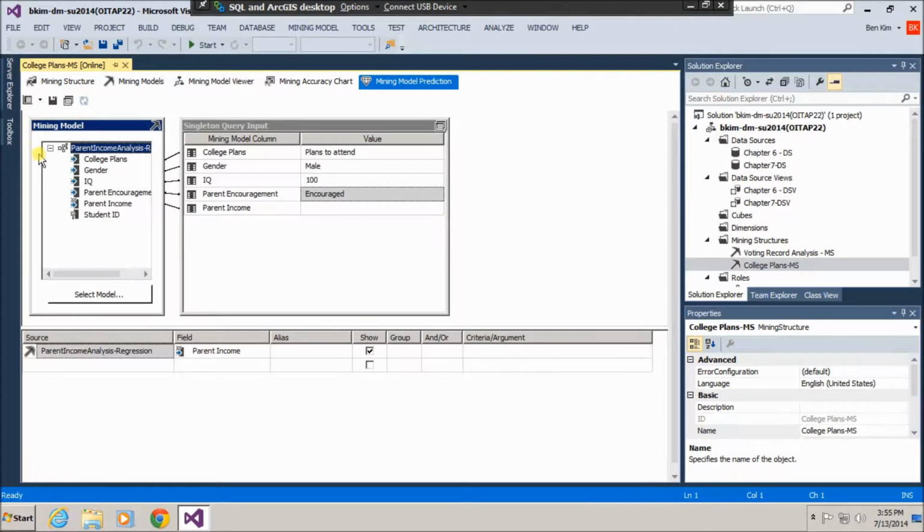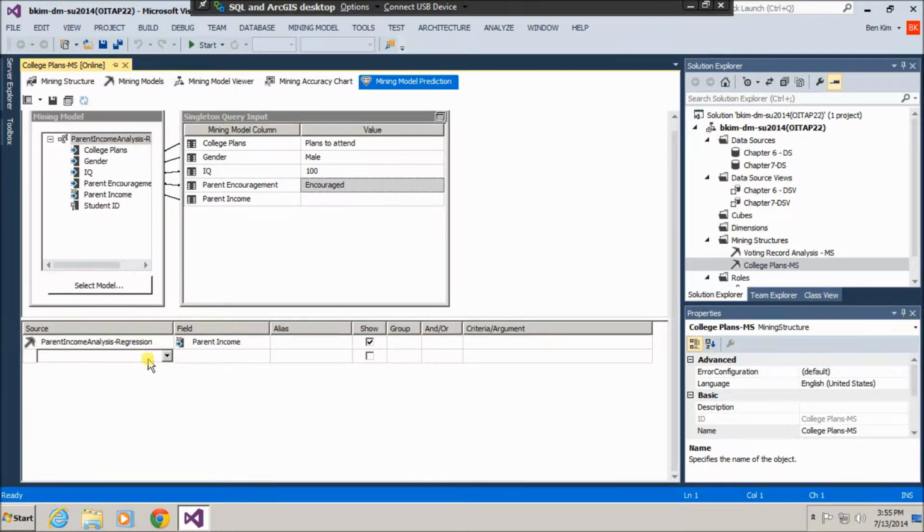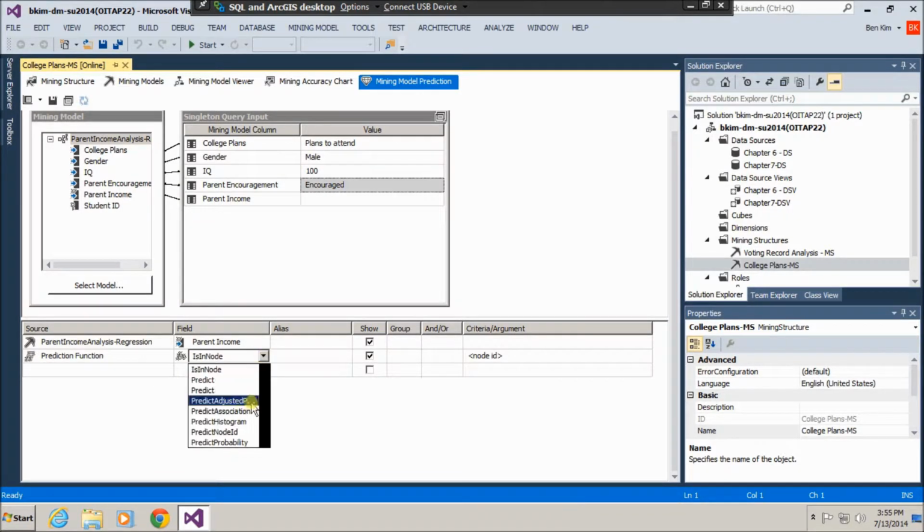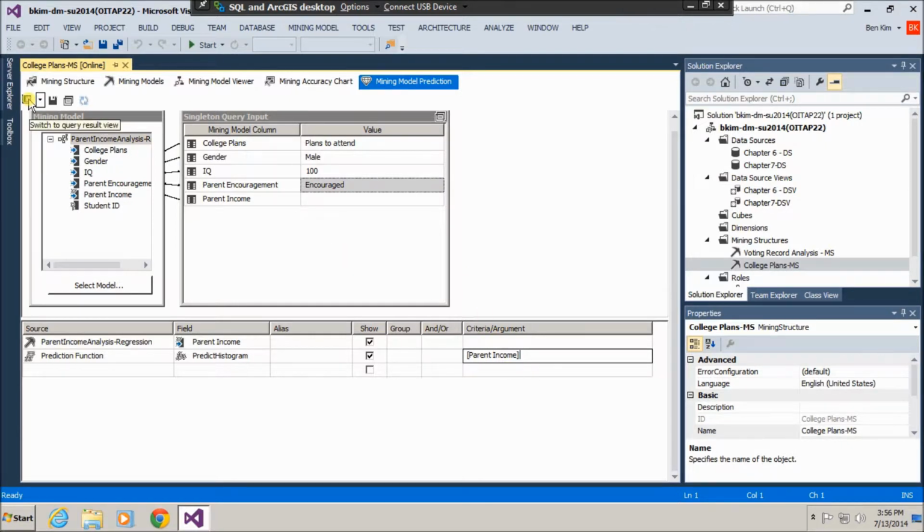How about the associated probability and other statistics? To do that, we need a prediction function. Let's choose a histogram so that we can see other statistics. Parent income. Actually, there's a space between parent and income, so be careful. All right, and then let's run.